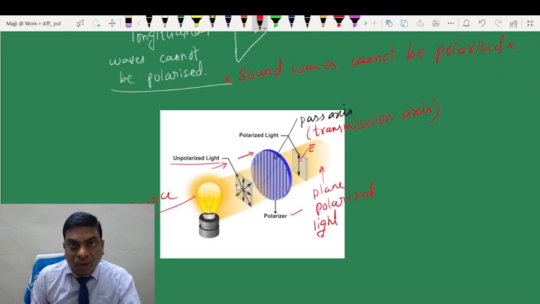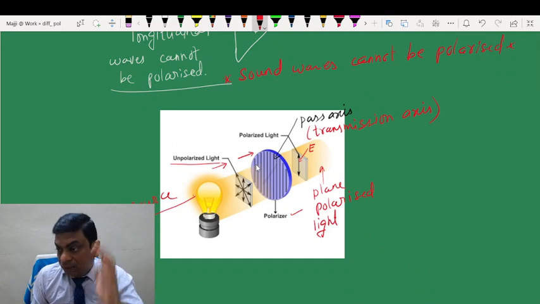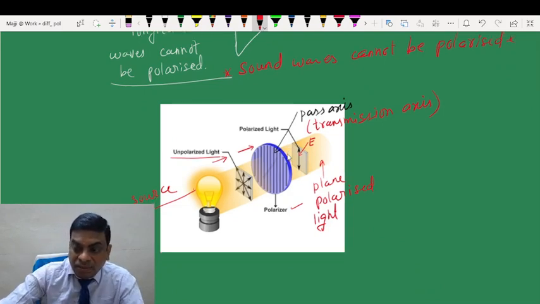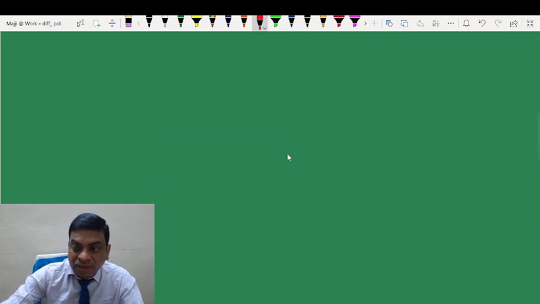As a matter of fact, the light coming directly from any source, it could be a candle, an incandescent bulb, the sun, the moon, reflected light from the sun, all these generate unpolarized light. But if you want to obtain polarized light, you have to make use of a certain device. By some special arrangement only you will be able to obtain plane polarized light. So the entire chapter further discusses the different ways to obtain plane polarized light.